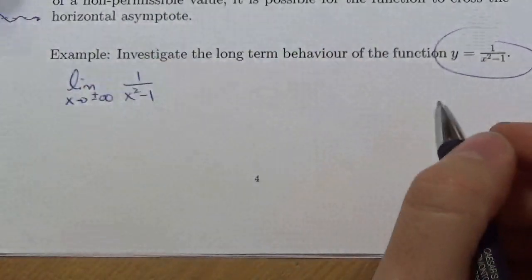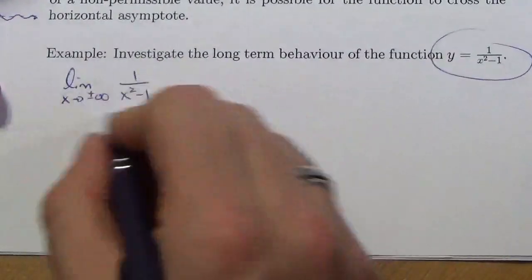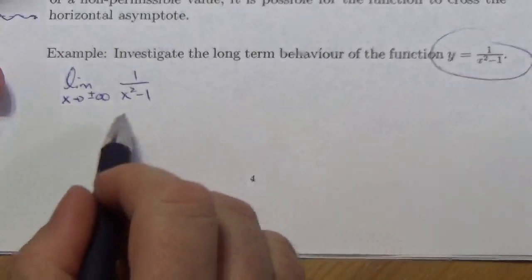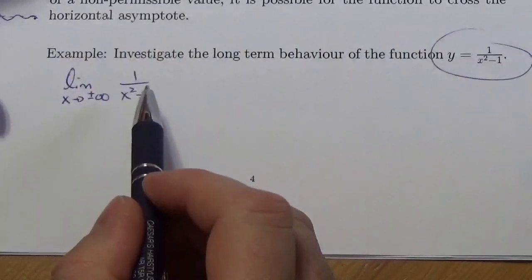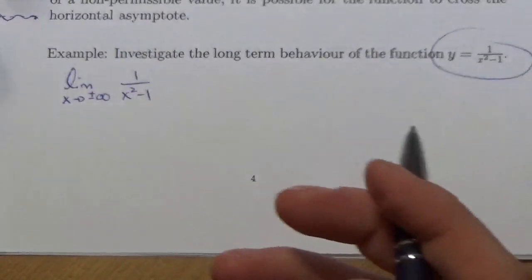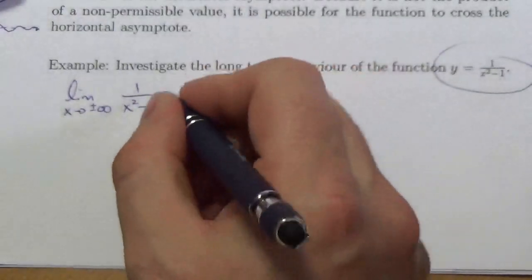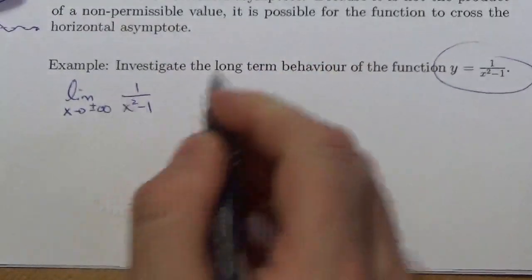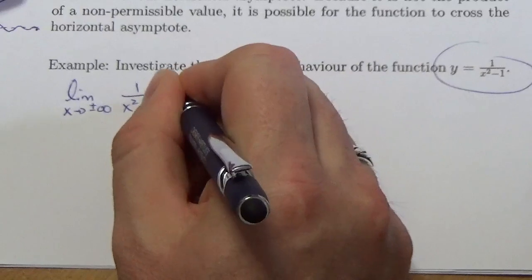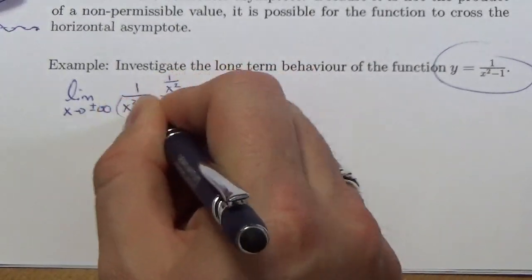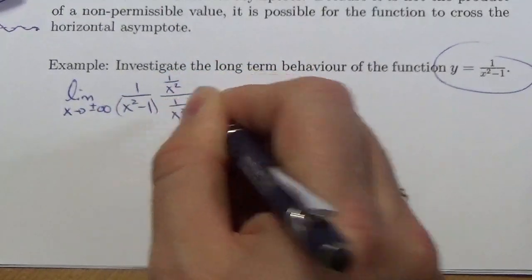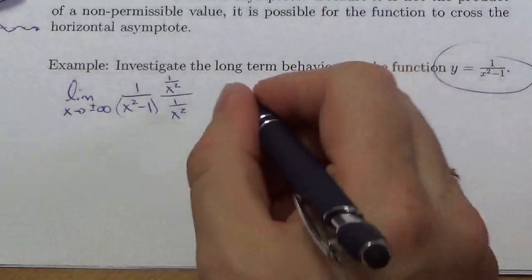Now, let's take a quick look at this. To understand the long-term behavior of this graph, I want to create some zeros. So I'm going to take the highest degree in the denominator and multiply the numerator and denominator by 1 over the largest degree in the denominator.